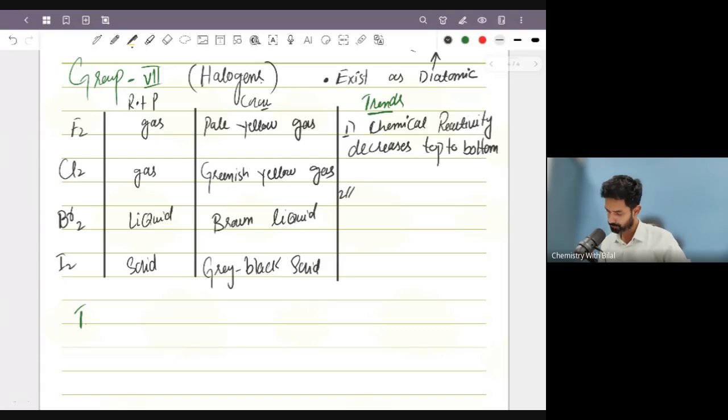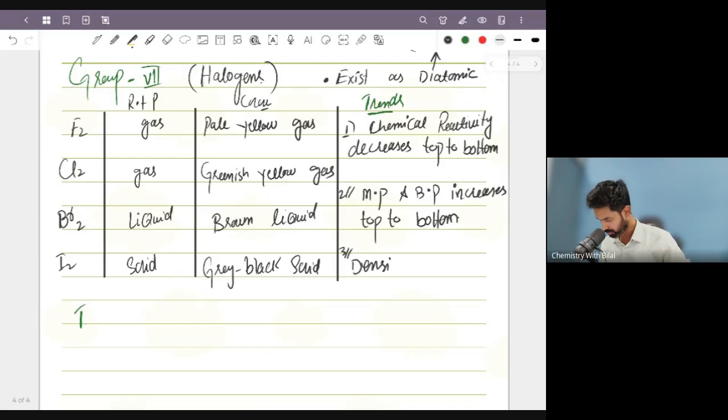Number 2, the melting and boiling point increases top to bottom. Right? And the third trend, which is density, it increases top to bottom. So this is very easy, I think.